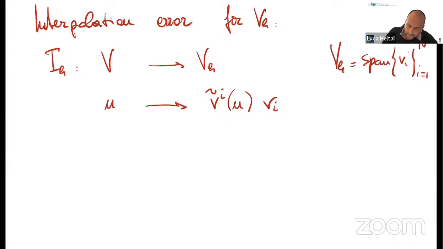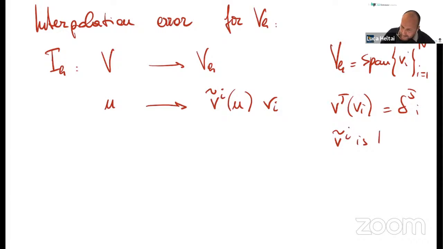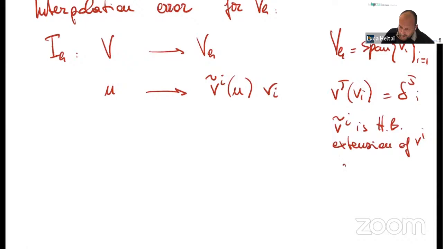And what we have here as well is that v_j applied to v_i is delta_ji, and we have that v tilde is the Hahn-Banach extension of v_i on V star. Okay, so this is the definition of the interpolation that we have used so far.